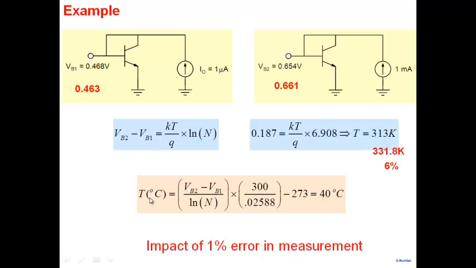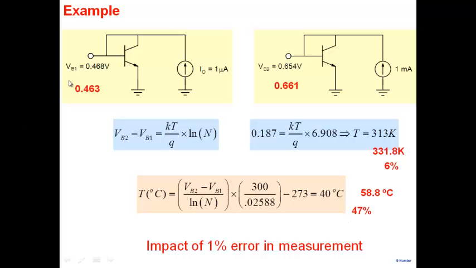But that's not all. If you note, I'm interested in temperature in degrees Celsius. So now if I take this value of VB2, VB1 and all that and calculate, what do I get? 58.8 degrees Celsius. And my error is 47%.